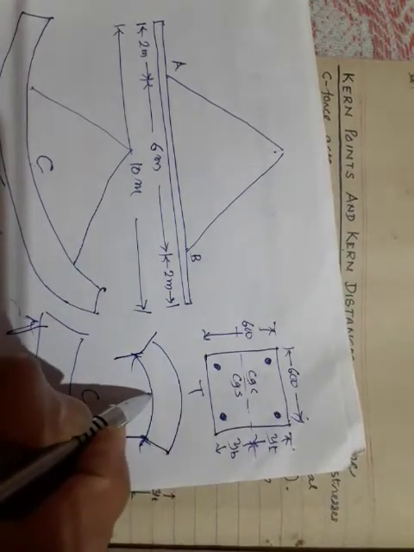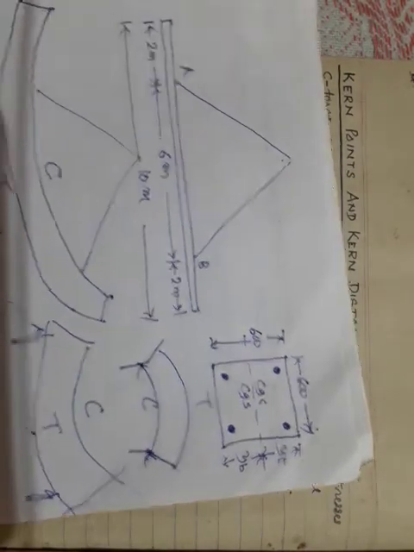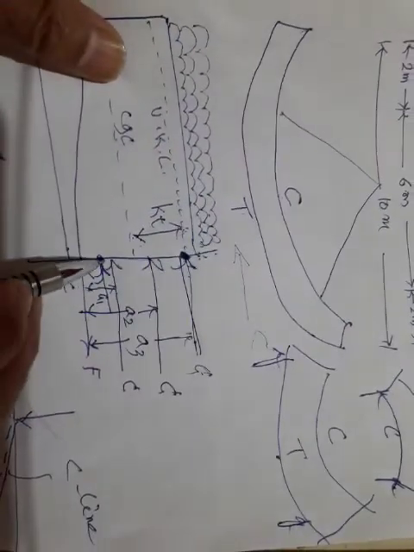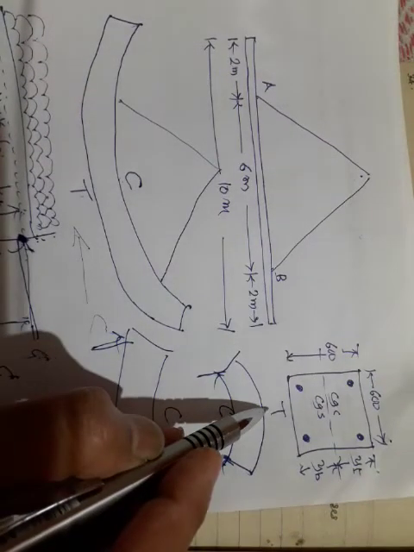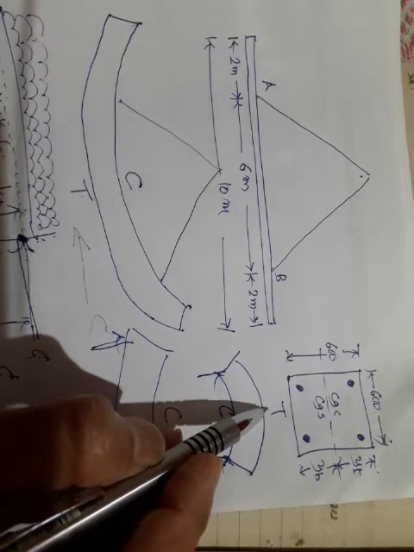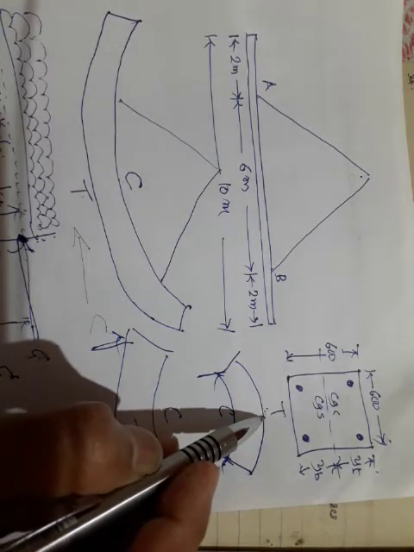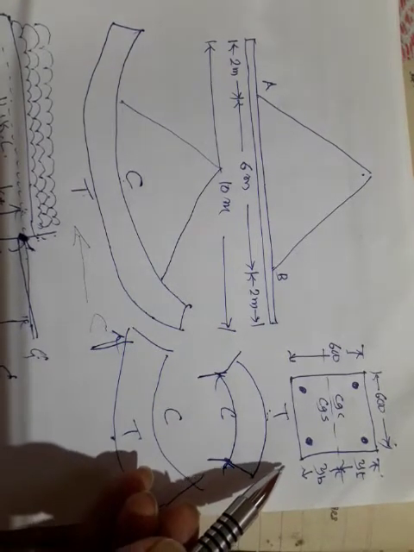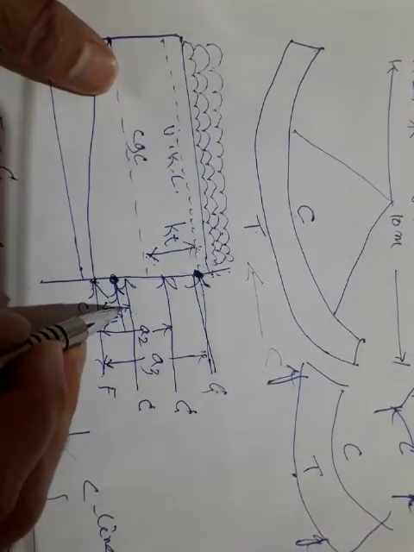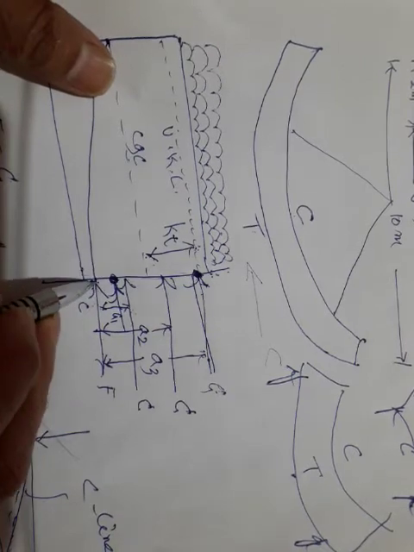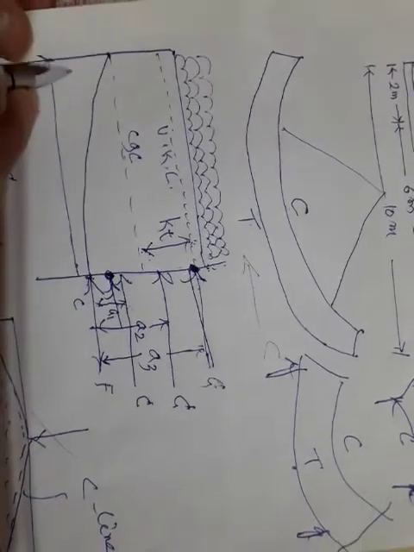The beam tries to hog like this. Tension is at the top, compression is at the bottom. So if you allow this C force to act below this, the top fiber stress may exceed the allowable tensile stress and it may crack. Understood or not? So now I should not allow the C force to act below this line. So now here is a line.